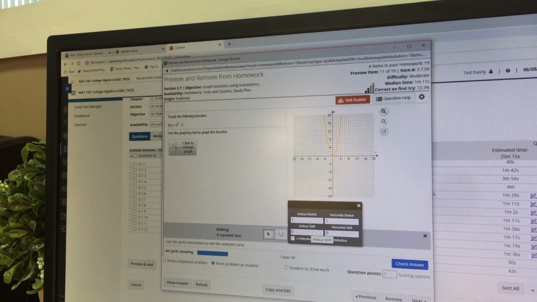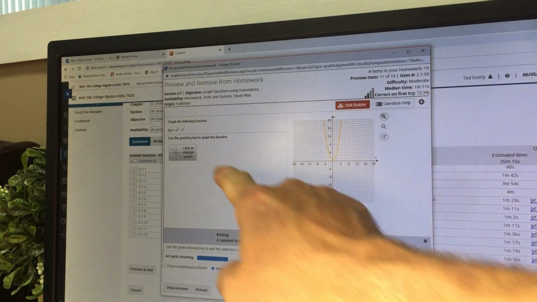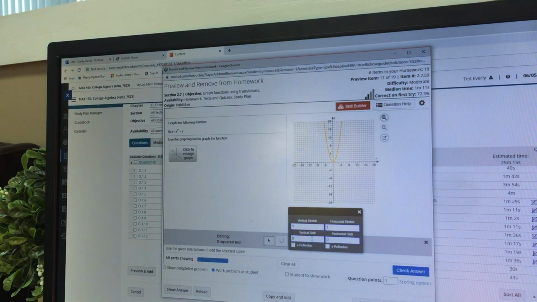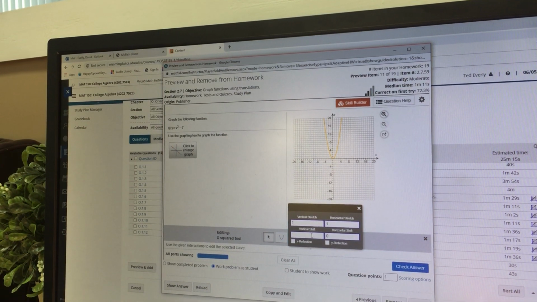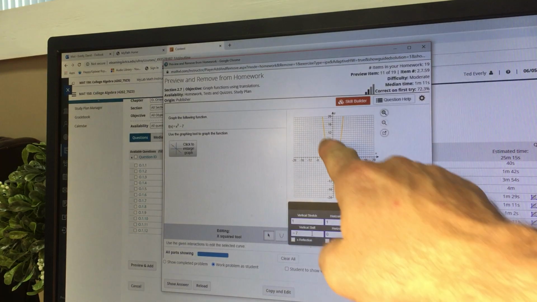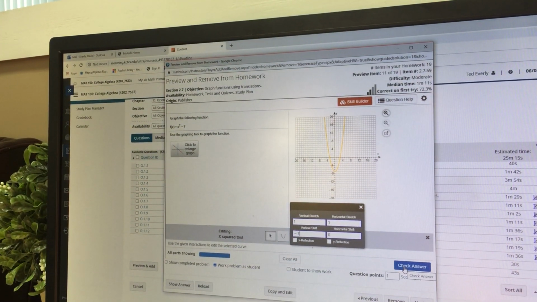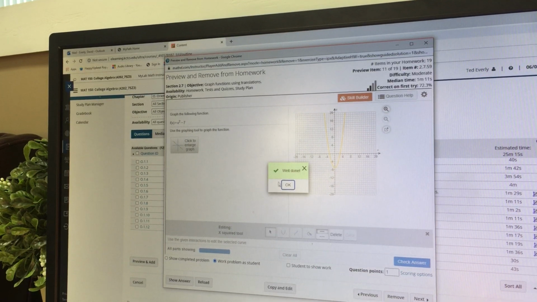We don't have any horizontal shift, but what we do have is vertical shift. It's vertical shift down 7, so I'm going to put -7. And when I do that, look, it's moved it down 7. And that's all we have. All right, well done.